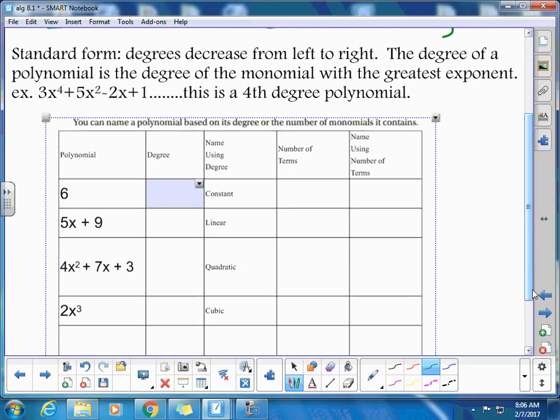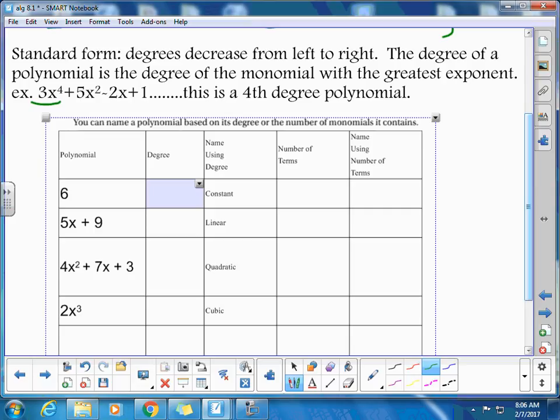Standard form, when we put things in standard form, we have to start with the biggest exponent and work our way down. It says degrees decrease from the left to the right. The degree of the polynomial is the degree of the monomial with the greatest exponent. So in this example, it's already in standard form.